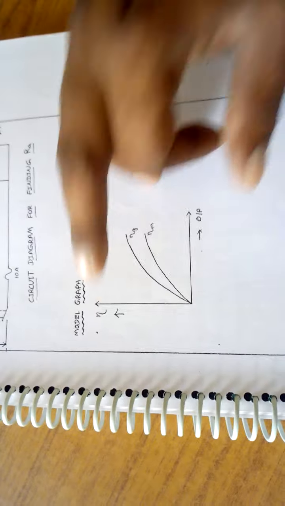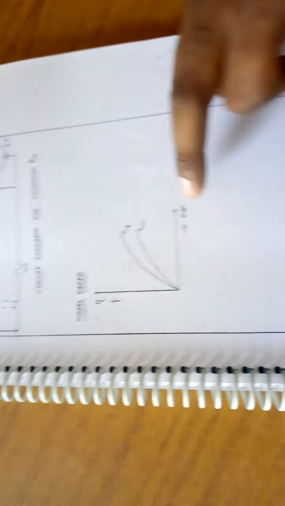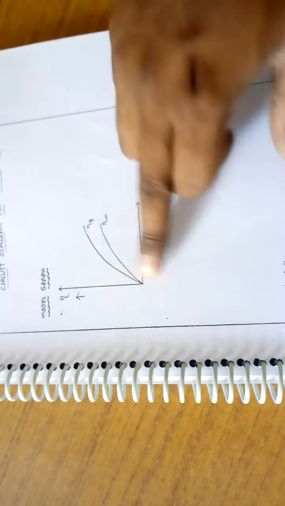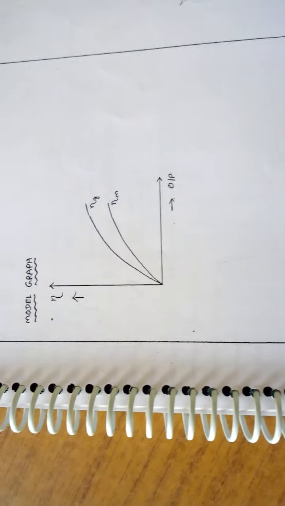So now I am going for the model graph. In the y-axis I am going to take efficiency, and on the x-axis I am going to take output. This is the efficiency of the motor, and this is the efficiency of the generator.